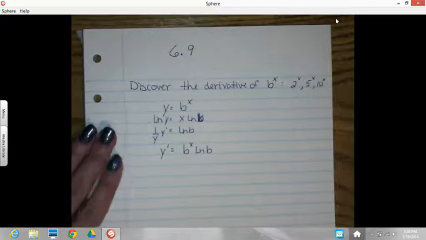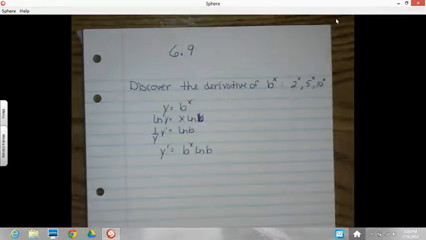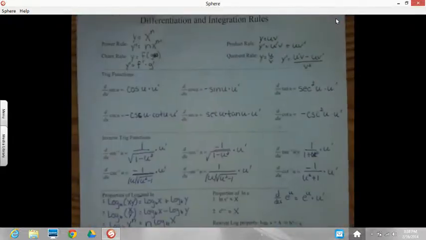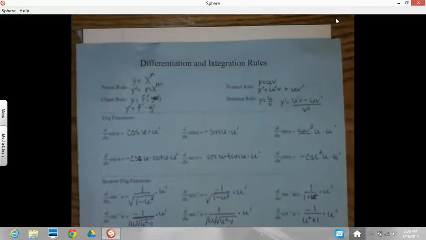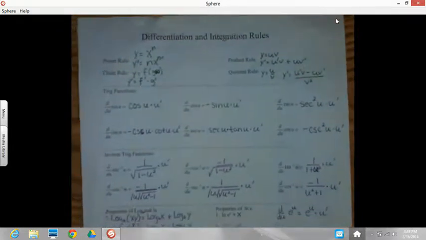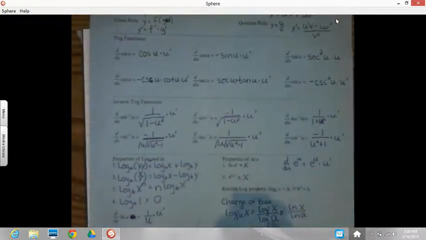So, on your blue sheet, we're going to put this derivative. I'm going to stick it in here, wherever you have room.